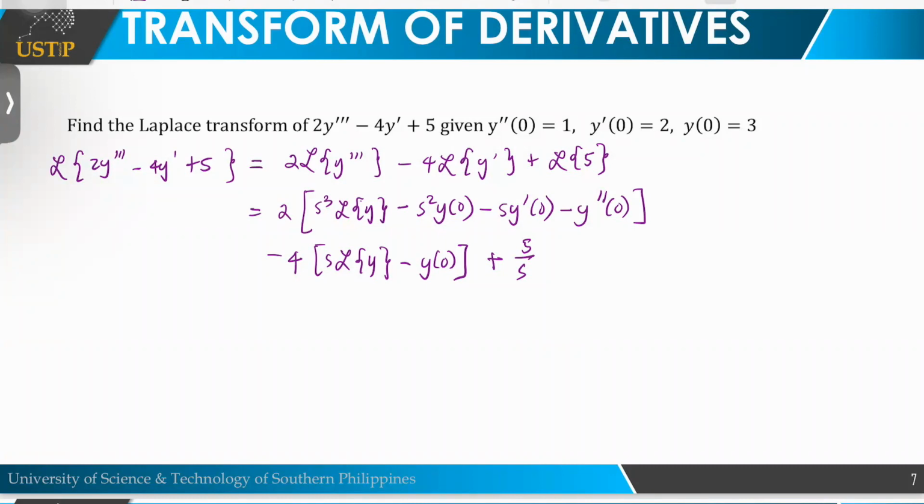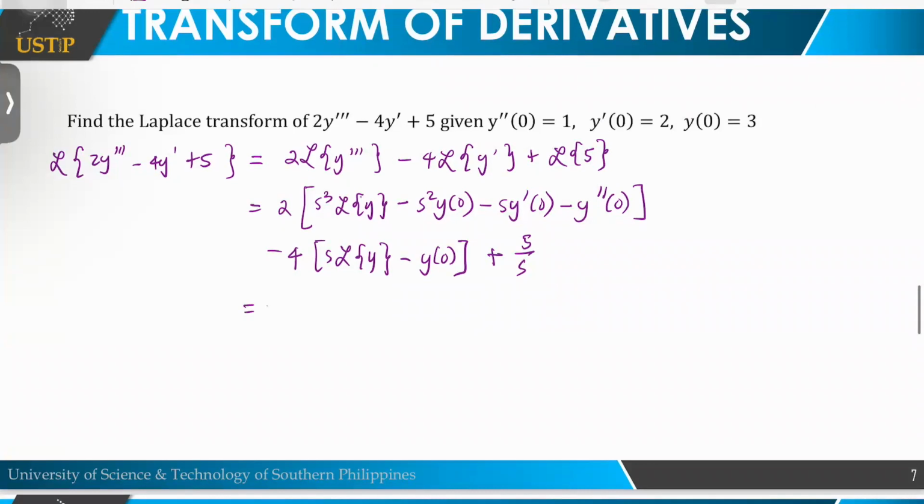Okay, so the next one is, atong i-substitute ang atong mga values, ang values nga gihatag sa atoa, no? So, that is 2 s cubed Laplace transform of y minus s squared. Ang imuhang y of 0, class, is equal to 3.